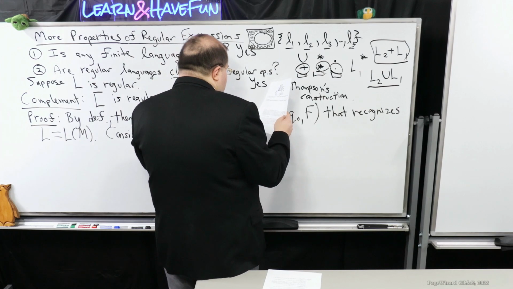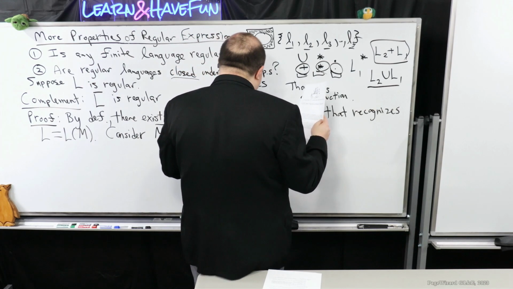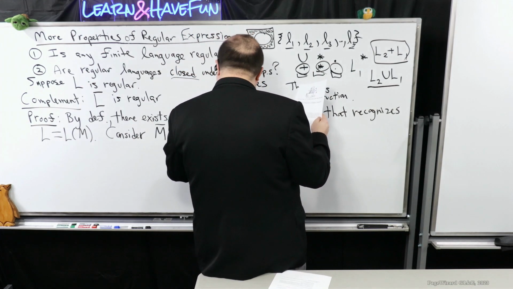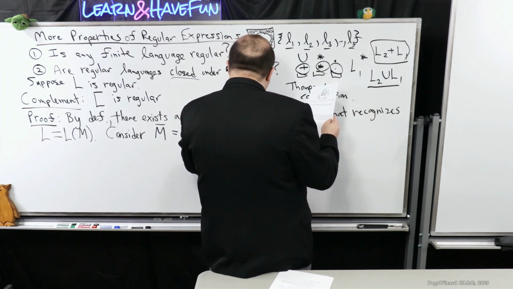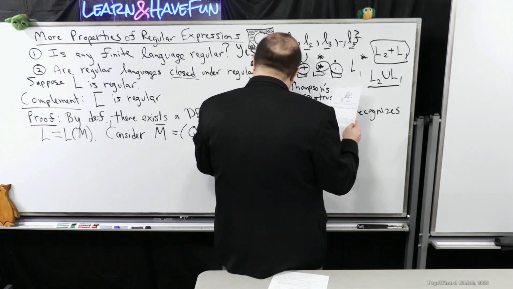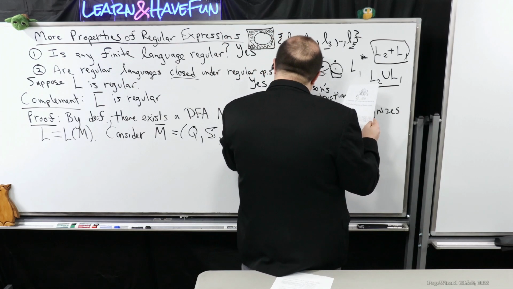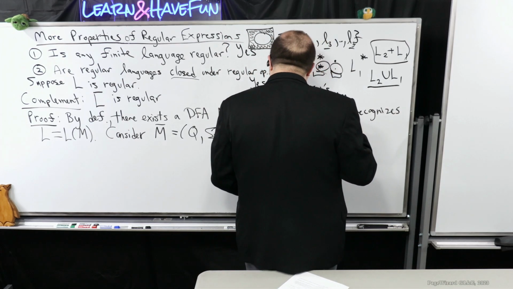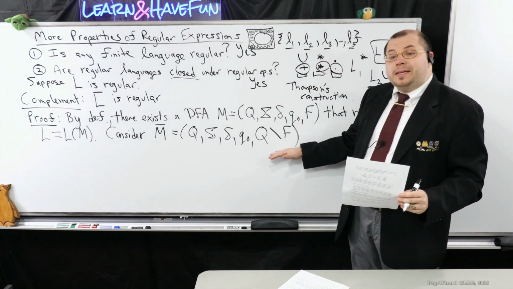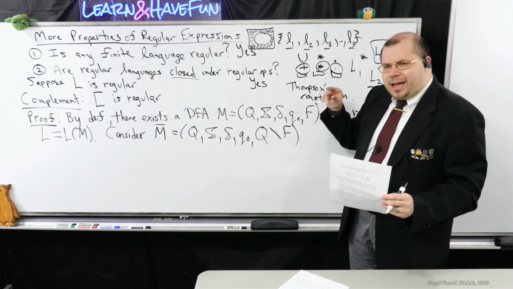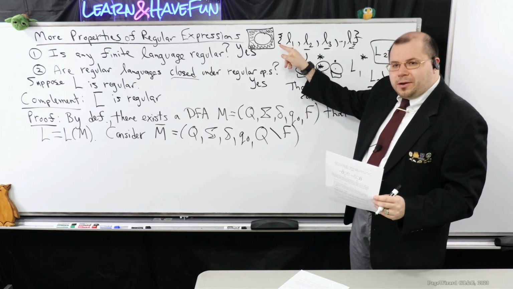It has the same five-tuple with one change. You might ask, what's going to be different here? We're going to change the set of final states, in a way that will feel natural given what I just described.